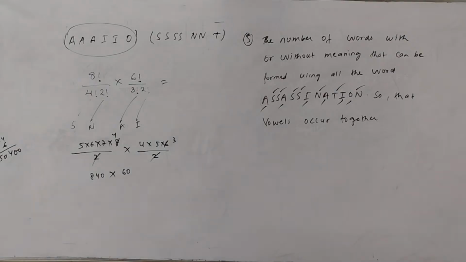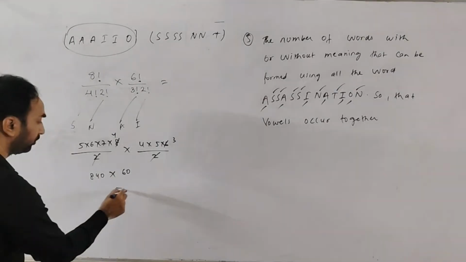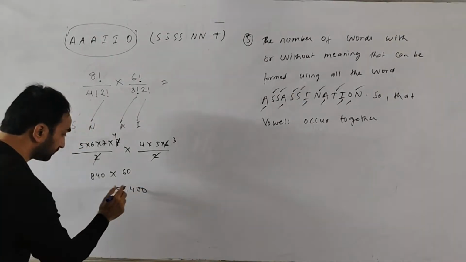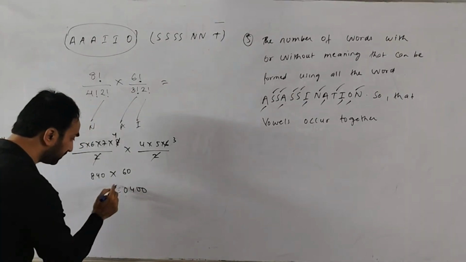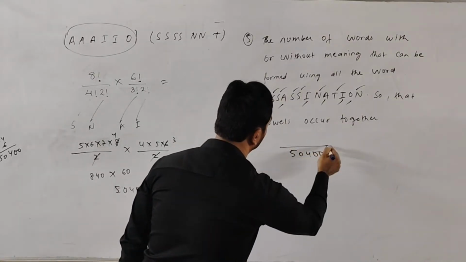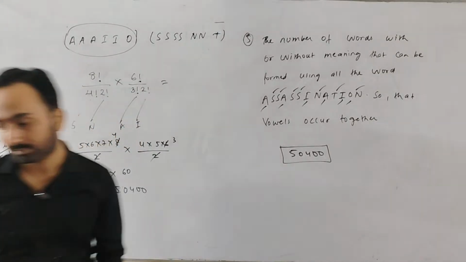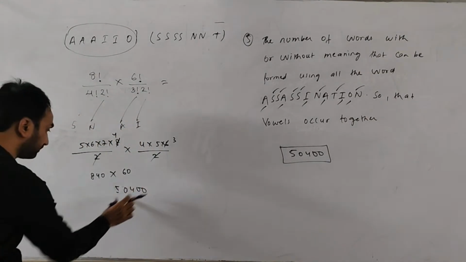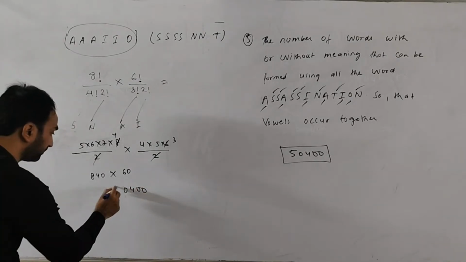Is it the answer you are getting? 50400. Okay. Make all of your calculations. The answer should come 50400. So the final answer is 50,400.